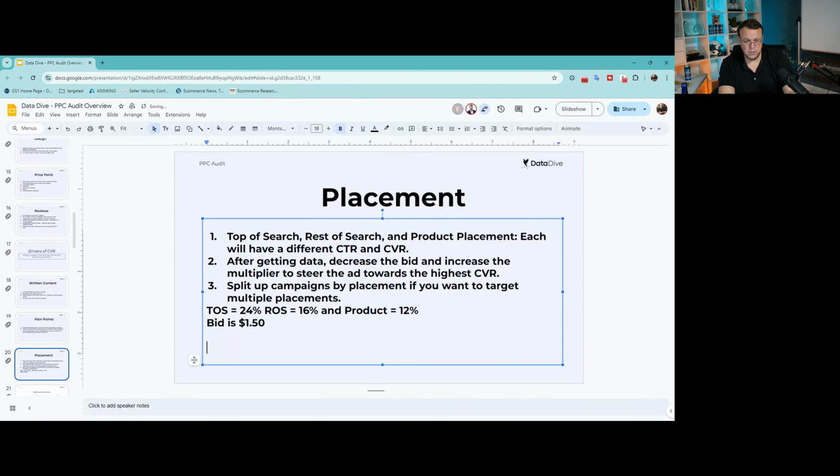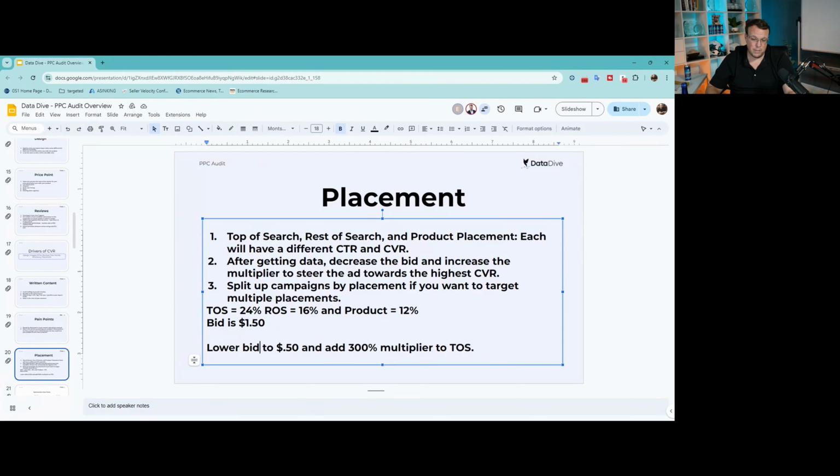What I can do is lower the bid to 50 cents and add a 300% multiplier to top of search, right? This would essentially give me the same bid for the top of search. And I might even do more, but this is essentially the same thing.